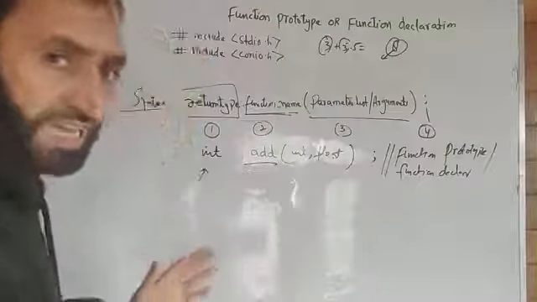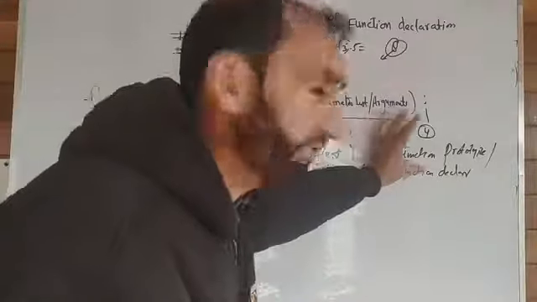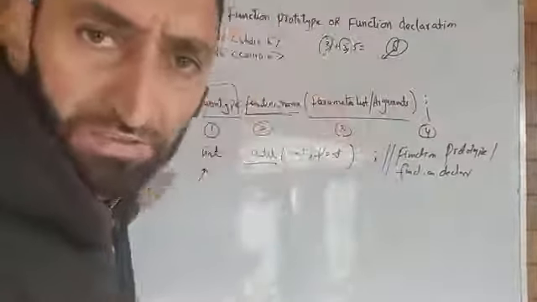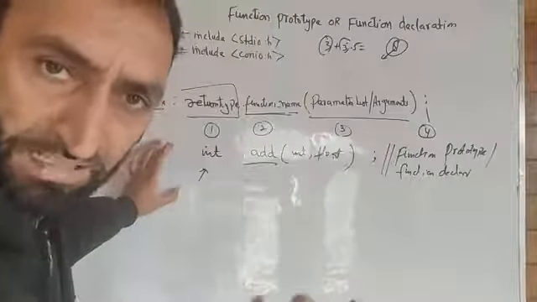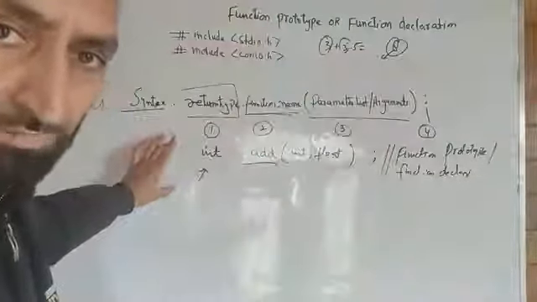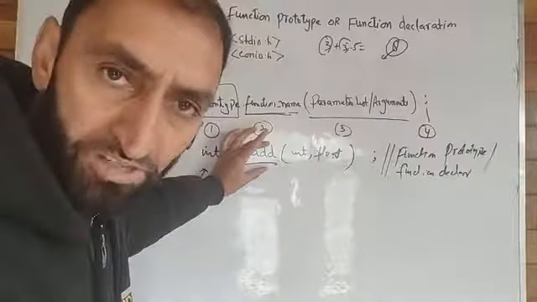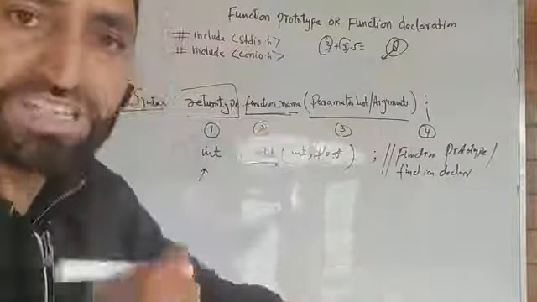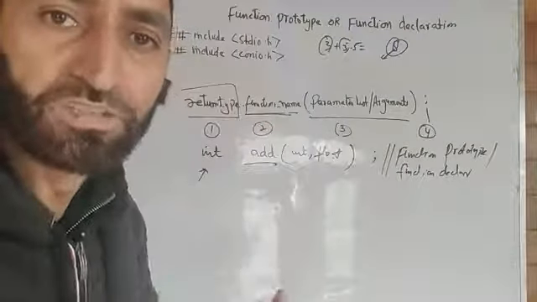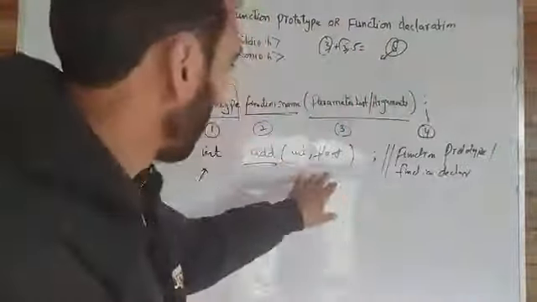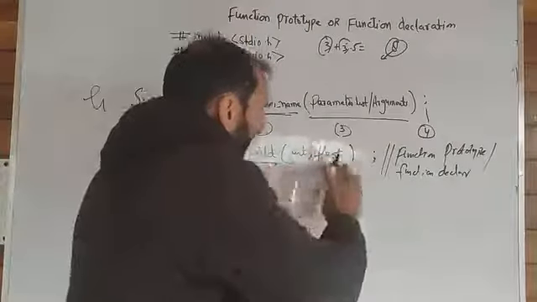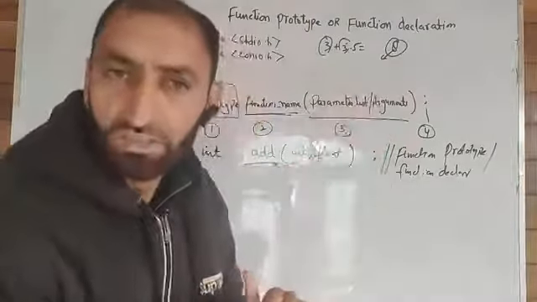So we can say that the function prototype consists of 4 parts. First one is the returning type of the function. We tell the compiler what type of data is going to be returned by the function. The second one is the name of the function, which is the identity by which the function is going to be identified. The third one, within these parentheses, is called the parameter list or the arguments.